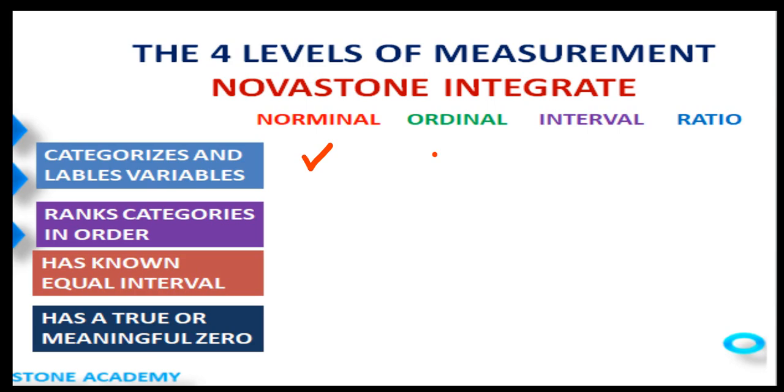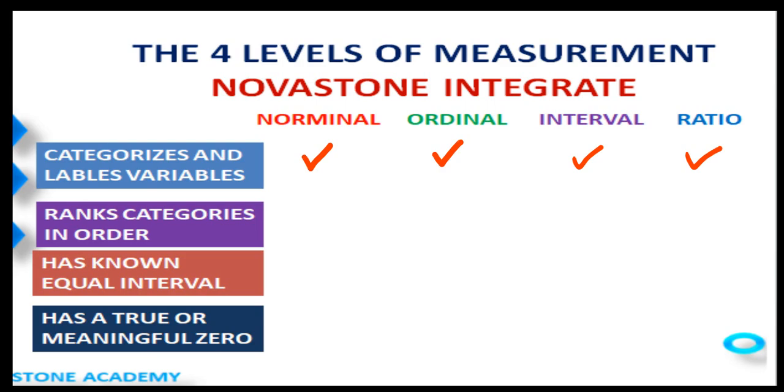Okay, the nominal one. Ordinal, do we have categories and do you have variables? Yes. In interval, do you have categories and do you have variables? Yes. Ratio, yes. So you'll be able to realize that in all of them you are categorizing data. Okay, you are categorizing data, but however, can you rank this data? Okay, nominal scale, can you rank the data?